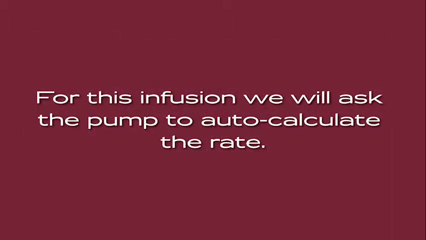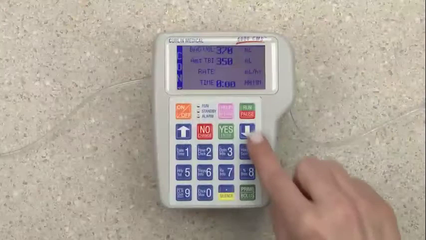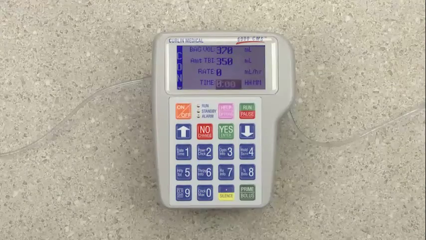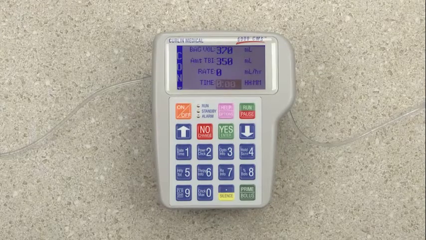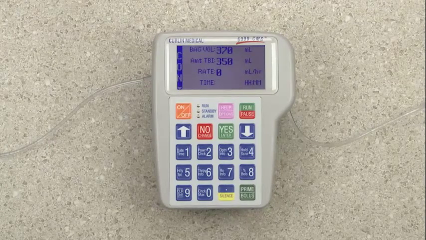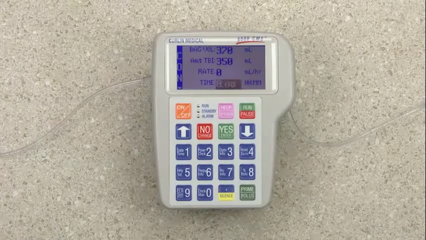For this infusion, we will ask the pump to auto-calculate the rate. Press the down arrow key to bypass the rate and highlight Time. Do not input any data into the rate field. If you do, simply press the No key to reject the data and press the down arrow key. We want this 350 milliliters to infuse over 48 hours.